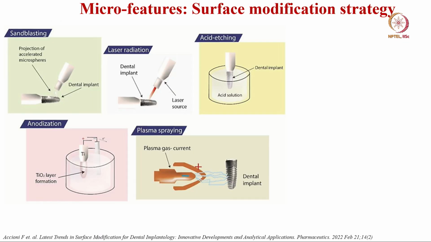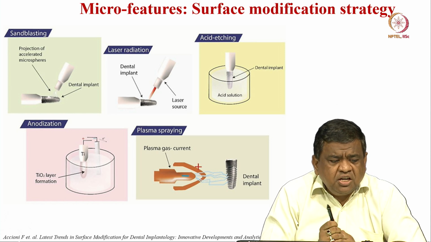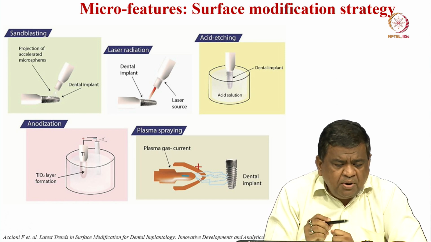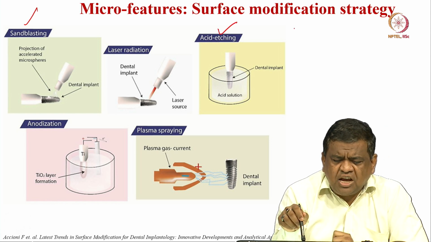Now, once the implant is manufactured, the implant surfaces need to be treated, and the surface modification can be done by conventional techniques, by sandblasting and then acid etching.